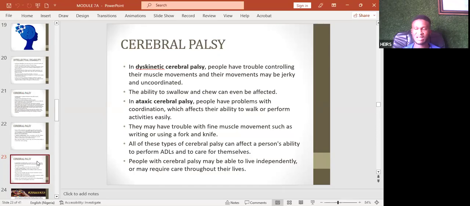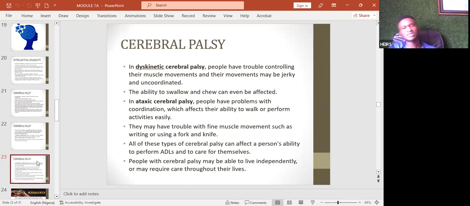One thing that gives us balance is coordination, but they lack that, so they are not balanced. It can also affect the ability to swallow and chew, because you need muscles to chew and muscles to swallow. When they are not coordinated, it's hard for them to swallow and even to chew food.